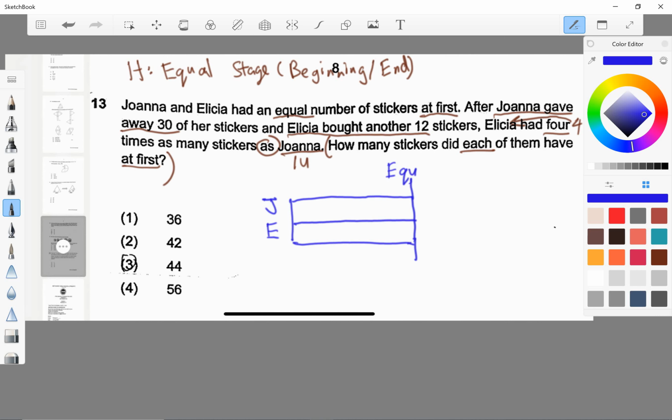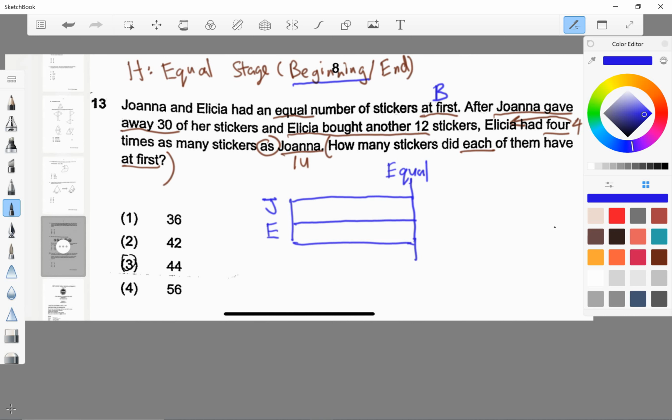Because of the equal in the question itself, I know for a fact that this is indeed equal stage, but as to whether it is beginning or end, it has to be beginning, because of the 2 words at first. So I'll put that down.